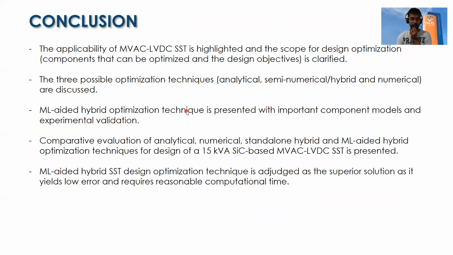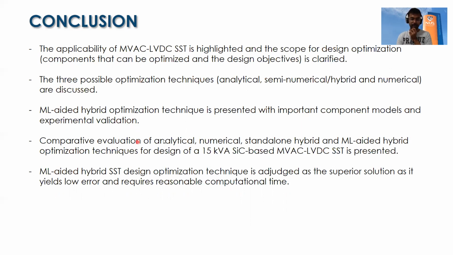So coming to the conclusion, the applicability of medium voltage AC solid state transformers is highlighted, and why it is critical to have a DC bus. Also, the scope of design optimization, which components can be optimized, and the design objectives are well clarified, and the three possible optimization techniques, that is analytical, semi-numerical or hybrid, and the numerical ones are discussed, and the ML-aided hybrid optimization technique is presented elaborately with the important component models, the routine and experimental validation.